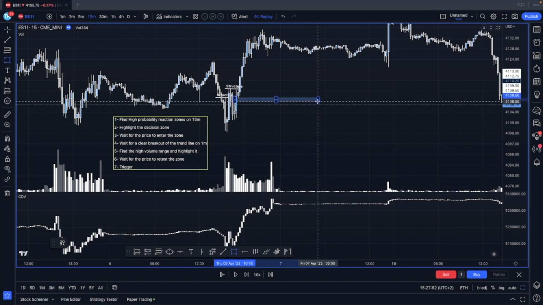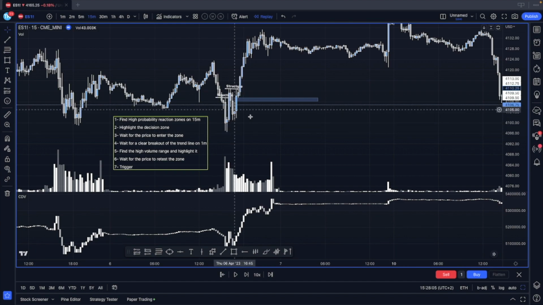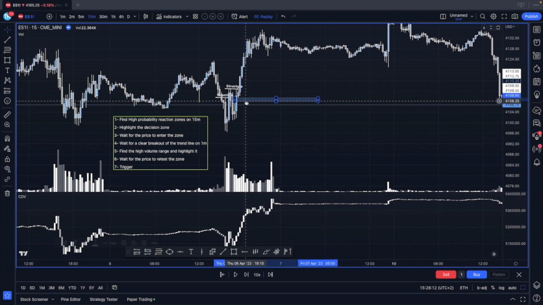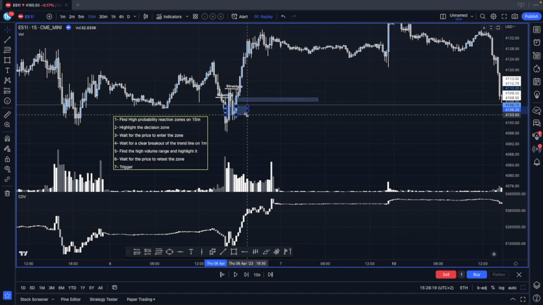I hope you know what an imbalance is, but basically it means that a strong amount of volume came in here, or here as well, because before this retest here we have an imbalance as well. Let me draw it for you. So this is an imbalance.